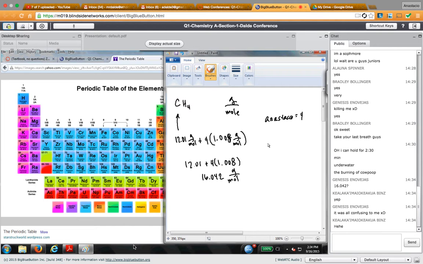So really what I gave you was the mass of 4 marshmallows, right? I forgot what that number was. Let's say 12 or 8 grams per Anastasio of marshmallows. Well, I'm kind of doing the same thing.